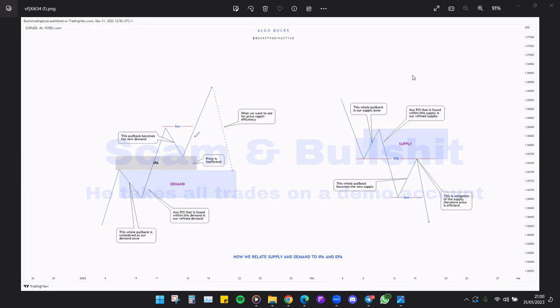Now, price broke this structure to the upside, did this, did this. This will pull back to become our demand. Now, if this low right here fails to mitigate this high, this is IPA.